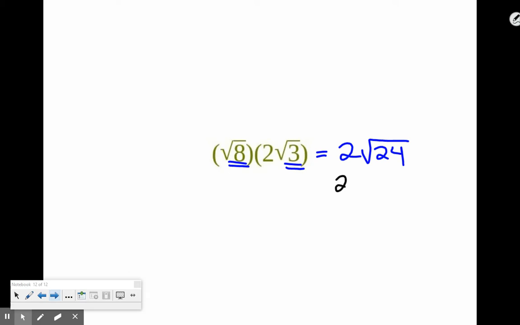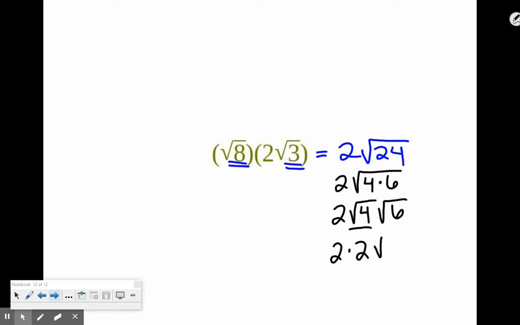So we get 2 times the square root of 4 times 6. 4 times the square root of 6. Okay, so we know the square root of 4 is just 2. So we get 4 square root of 6.